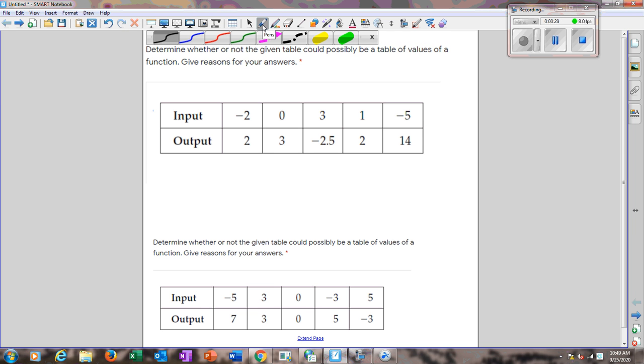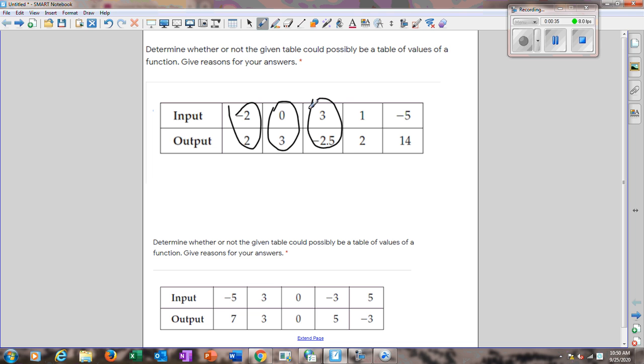in order to find this, all we have to do is check our x and y values. Basically, if I look at my x values and they're all different, then it would be a function.